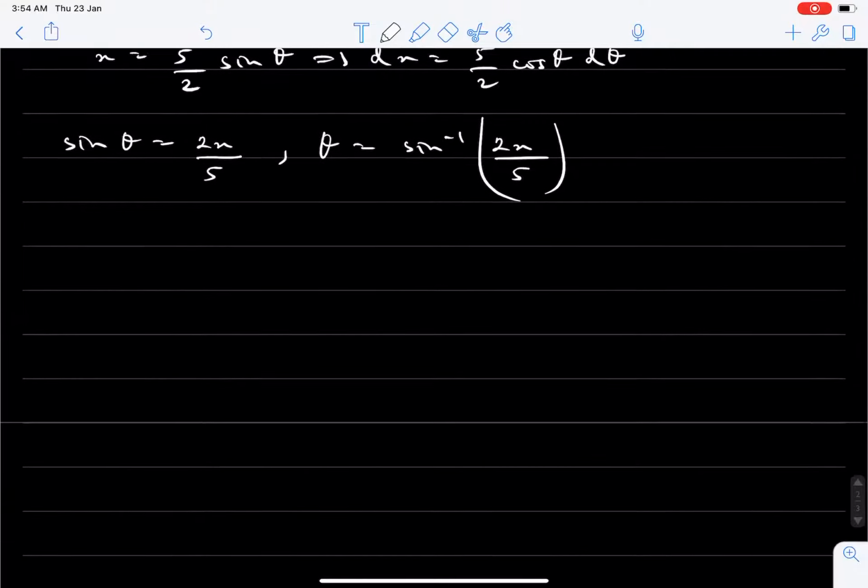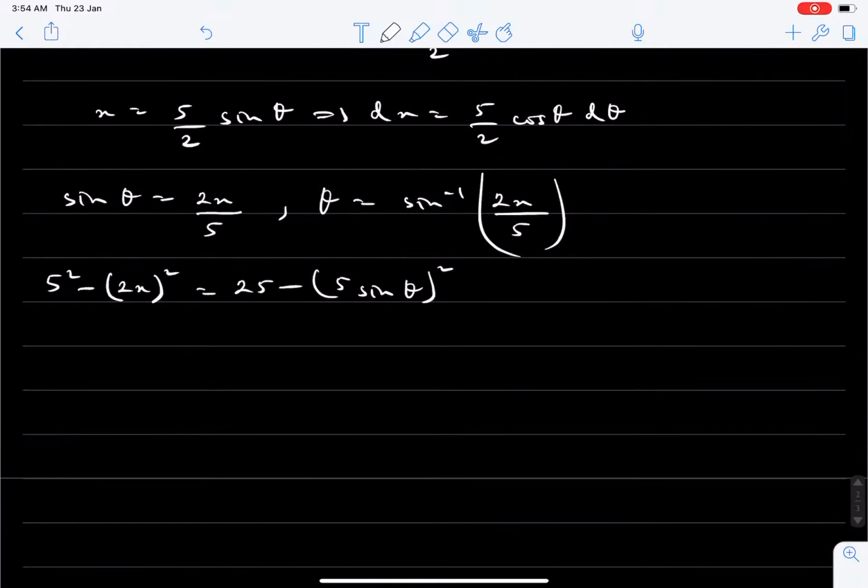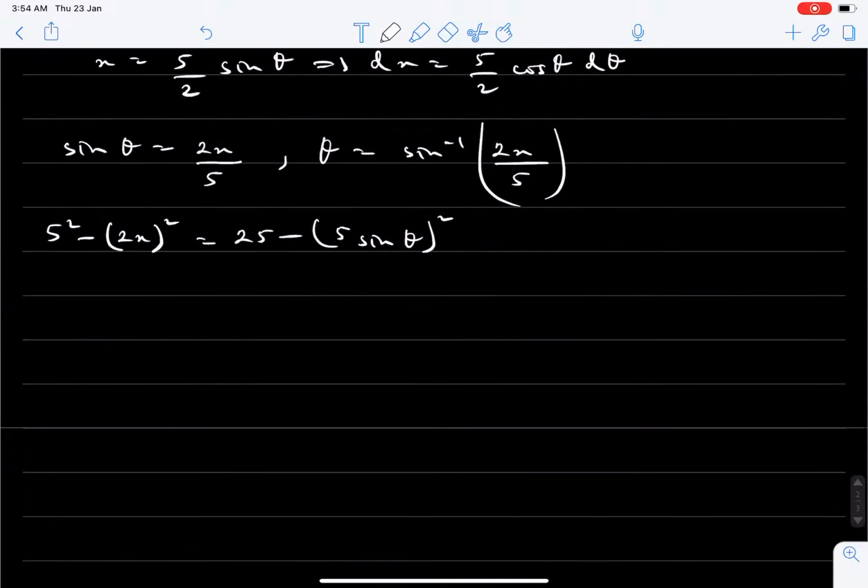Now, we can write 25 minus 4x squared, or let's even go back to that, we can write 5 squared minus 2x squared as 25 minus 5 sine theta squared, because we have said 2x is 5 sine theta.